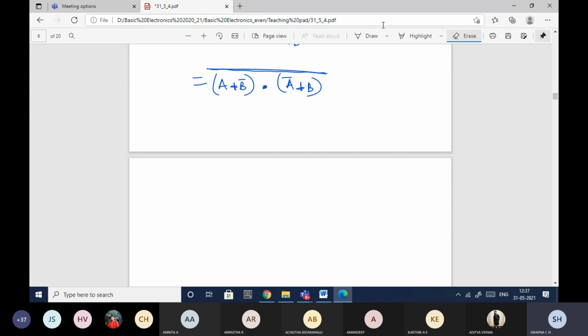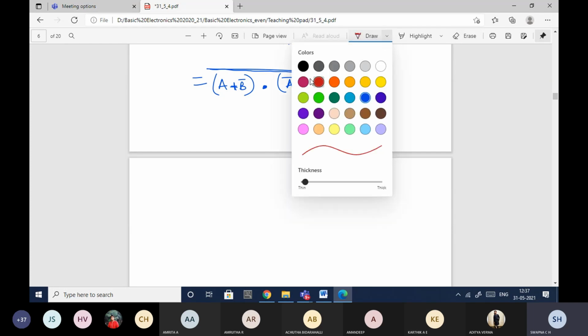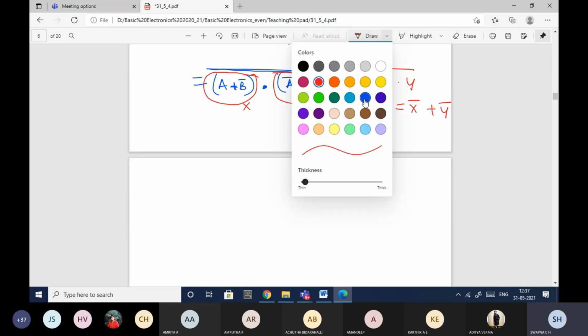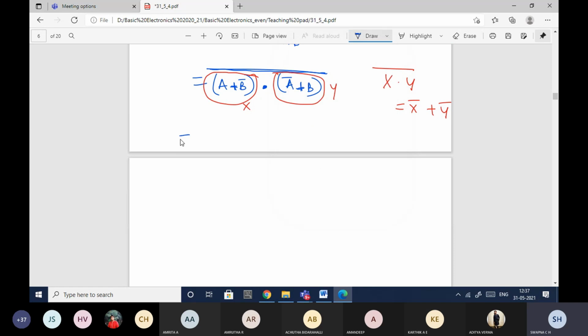This I'll consider as x, and this I'll consider as y. x dot y whole bar is nothing but x bar plus y bar. So this is equal to x bar, which is nothing but a plus b bar whole bar. I have dot, so plus y bar. Y bar is nothing but a bar plus b whole bar.